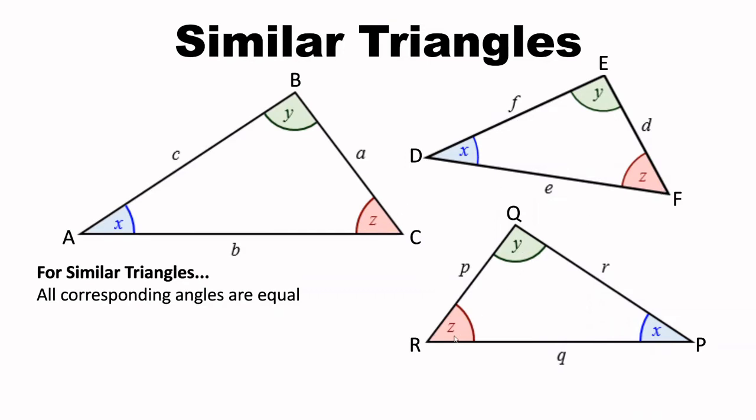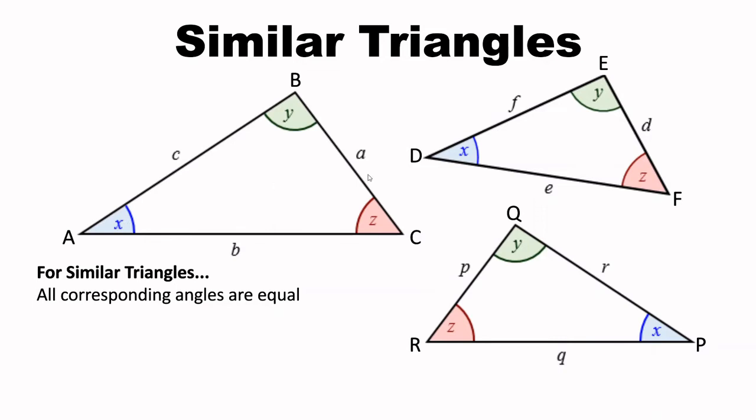Using the same letter to represent some value in a question means that that letter represents the same value throughout the whole question. So the angle labeled x here tells me that angle BAC is equal to this angle labeled with an x at angle EDF, and that's also the same as this angle labeled with an x at angle QPR.